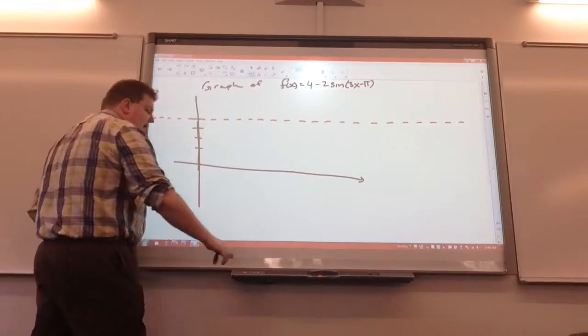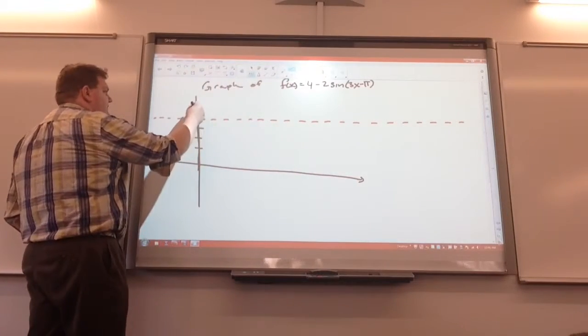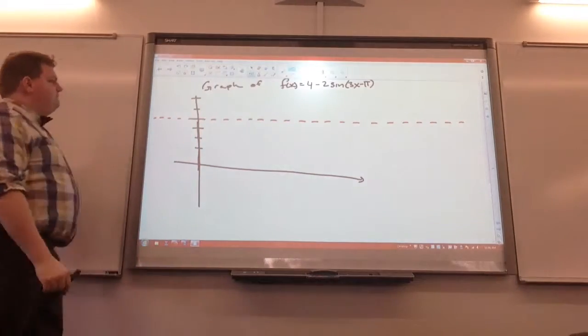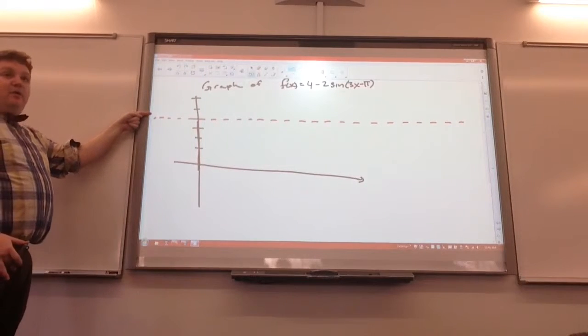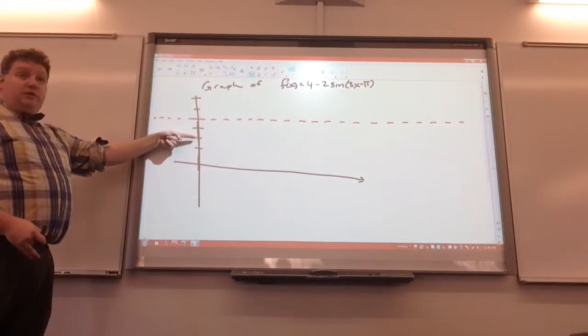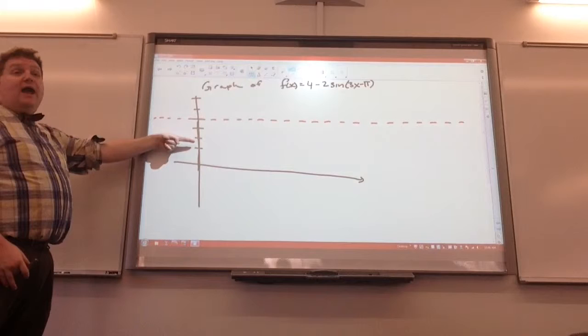The next 2 lines I'm going to do here, and this is a trick I learned for working these things out: our amplitude is 2. So that means the lowest this thing can ever go from the line 4 is 2 down. So the lowest it could be is y equals 2.